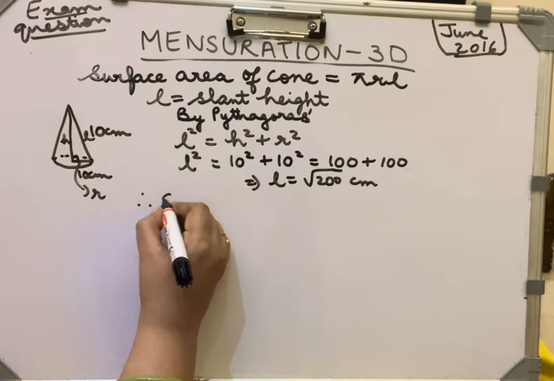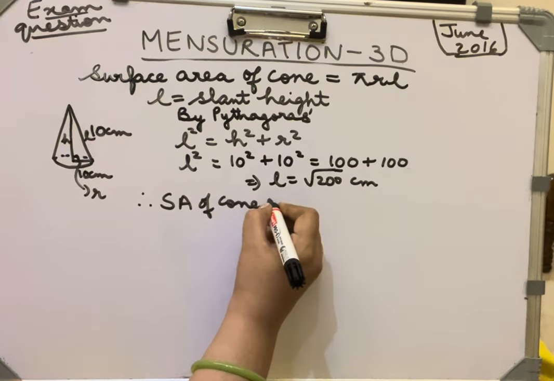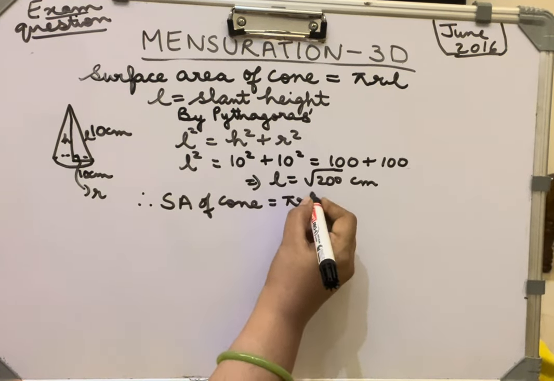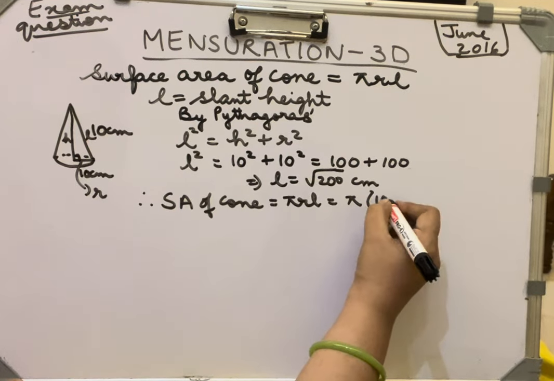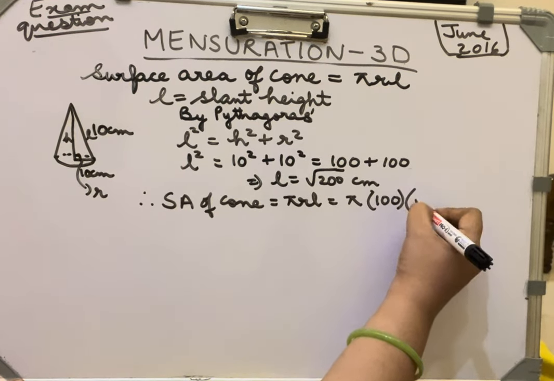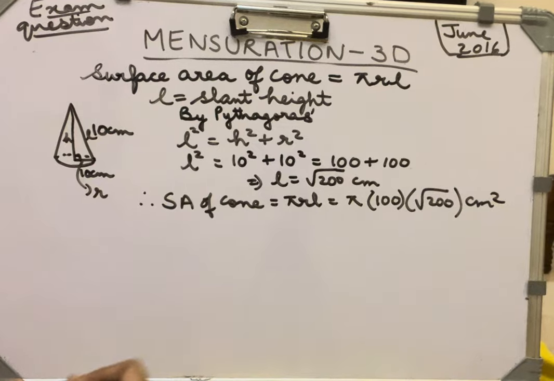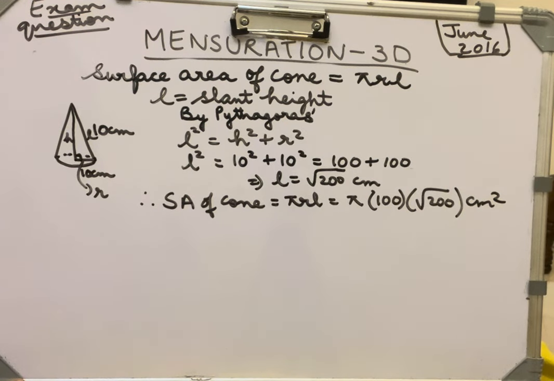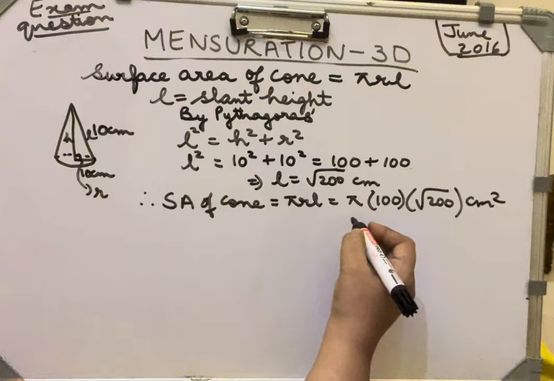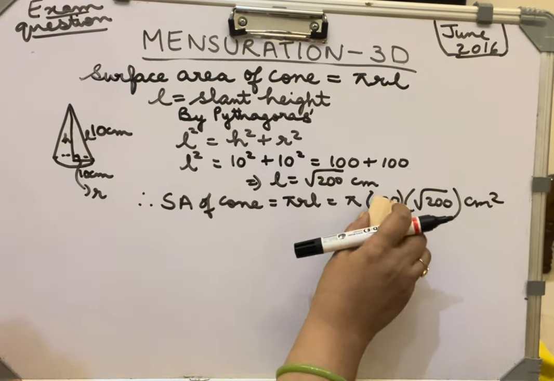Therefore, surface area of cone is equal to pi r L. So the value will be pi multiplied by 10 multiplied by root 200 cm square. Sorry, radius is 10.